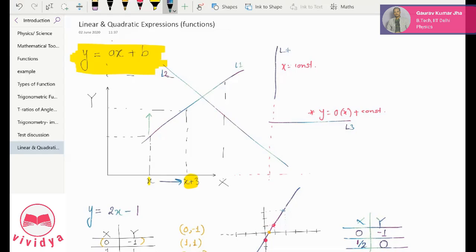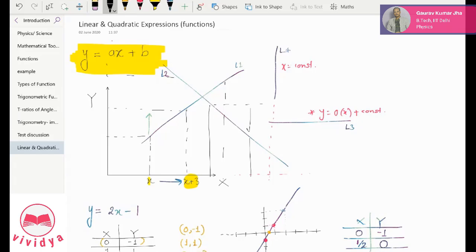Be precise. So in L1 type of line, X increases, Y also increases. In L2, let's take a certain value of X. Here, if X increases, actually the value of Y drops.